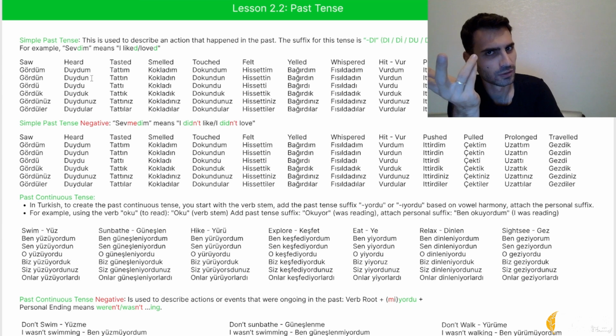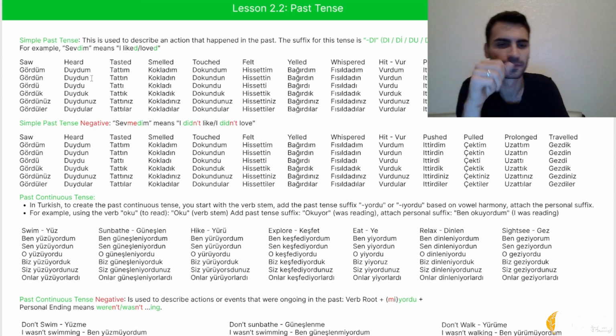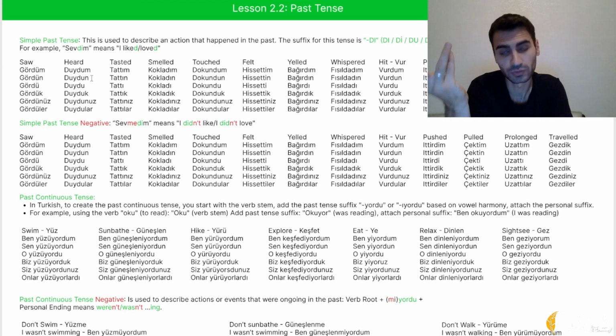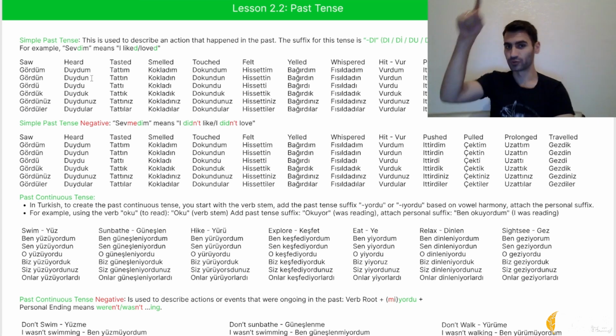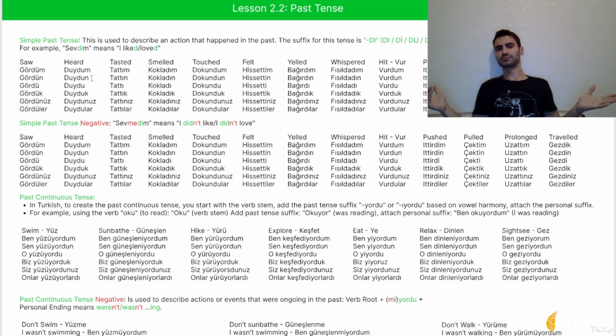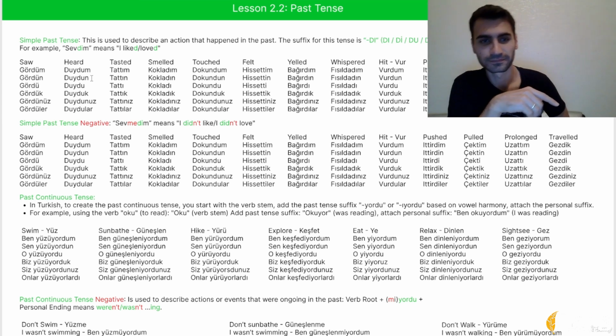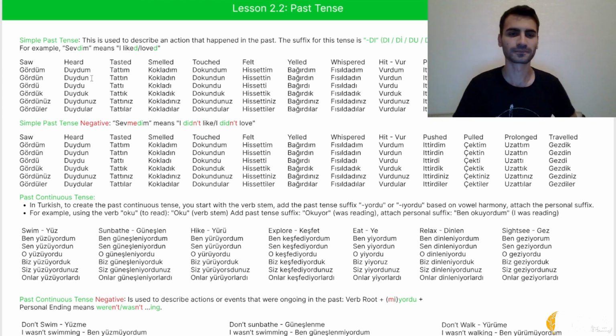Duydu değil mi? Duydu, evet. Biz duyduk mu? Tabii, duyduk. Siz duydunuz mu? Duydunuz. Onlar da duydular. Yani onlar da duydular. Güzel.